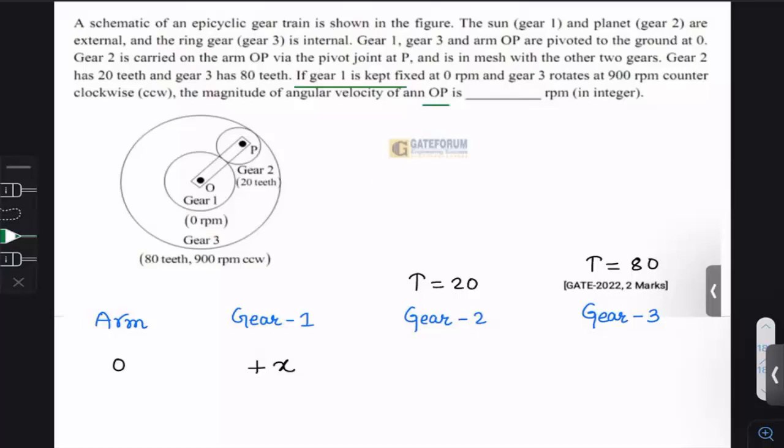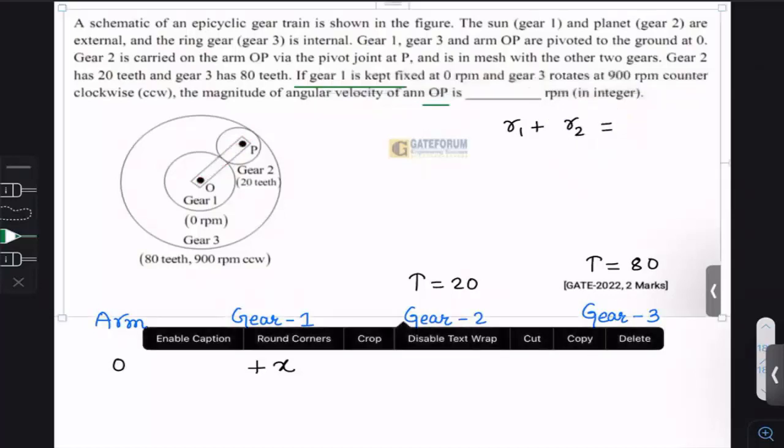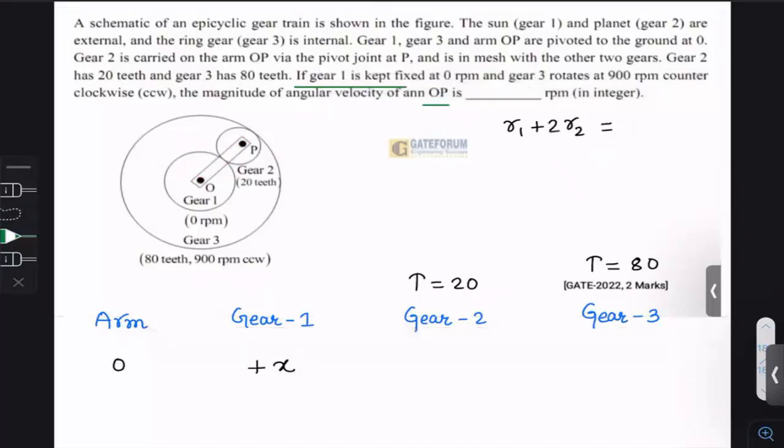See, we can do one thing, everyone. Because the number of teeth of gear 1 is not given, we can use the radii: R1 plus 2R2 is equal to R3, right?